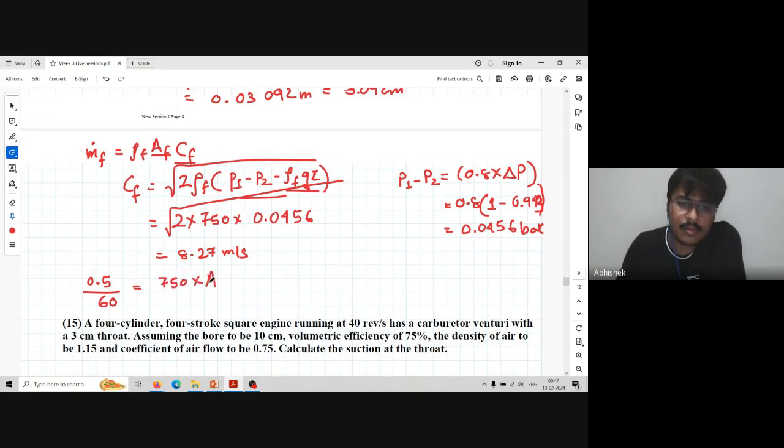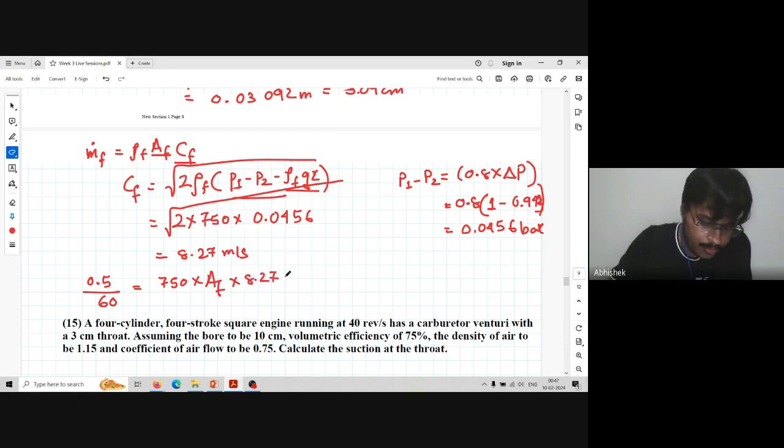AF we don't know. CF is 8.27. So 0.5 divided by 60 divided by 750 divided by 8.27. It is coming somewhere around 1.34 into 10 to the power minus 6 meter square.